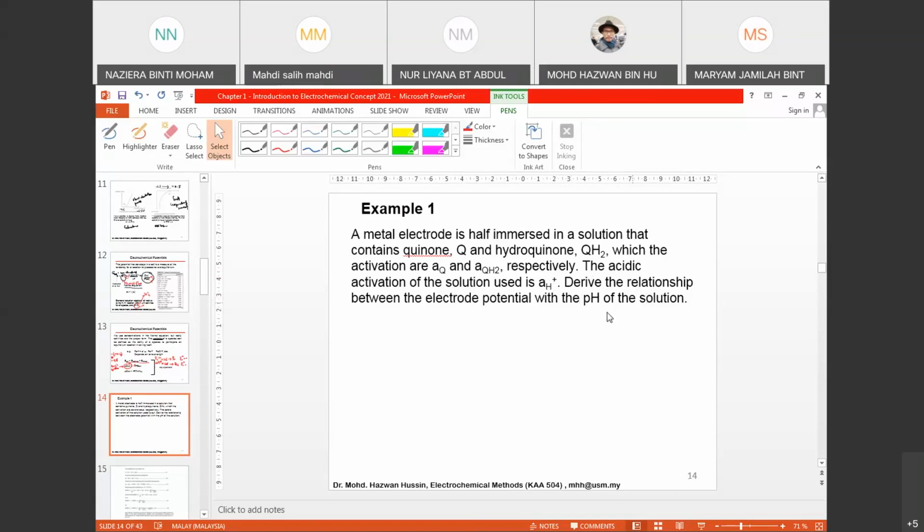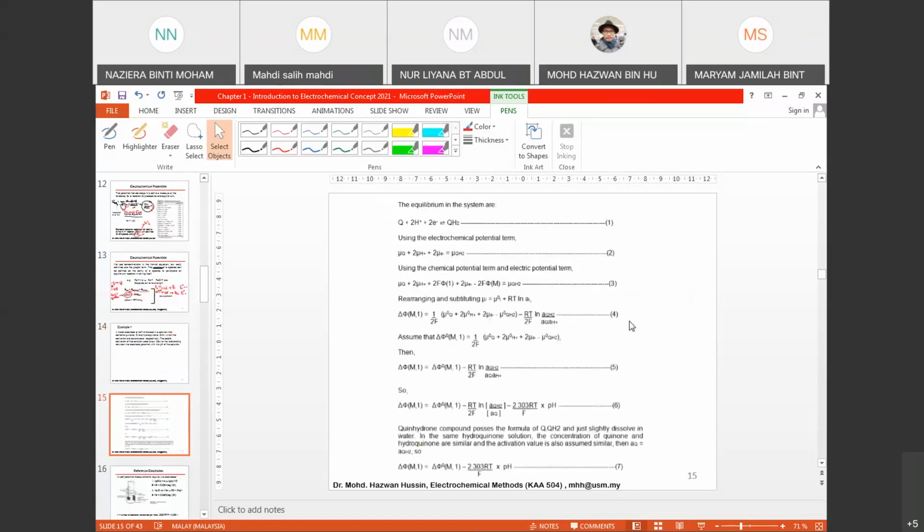Derive the relationship between electrode potential with the pH. Okay? So as I said, this is just an example how you can use the experimental condition in order to relate it with Nernst postulation.